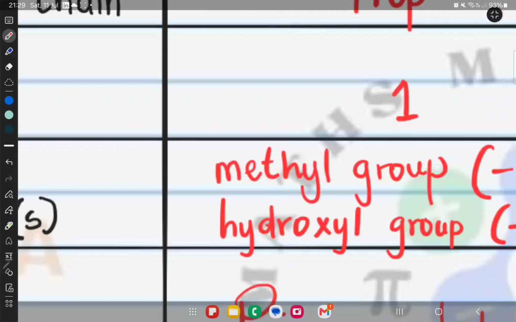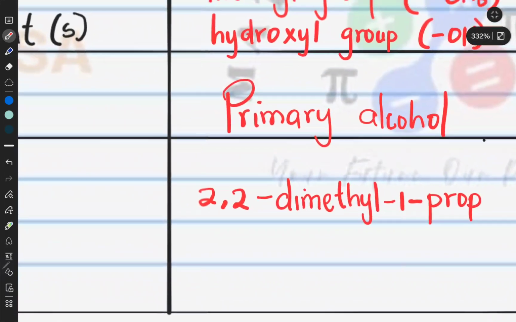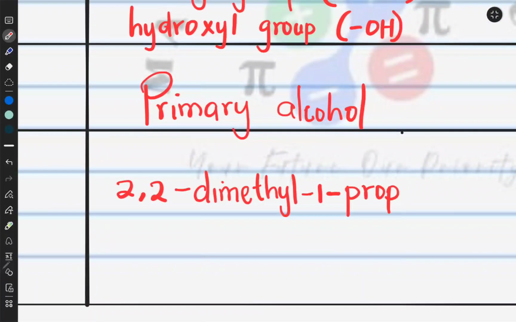So therefore, it would be 1, and then it's prop. And then remember our suffix here, since it's alcohols, our suffix is OL. That's our suffix, so it's going to be propanol. All right, so we always add that "an" there, but our suffix is OL, okay?